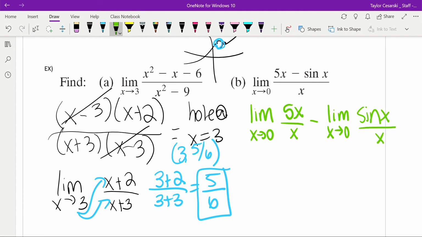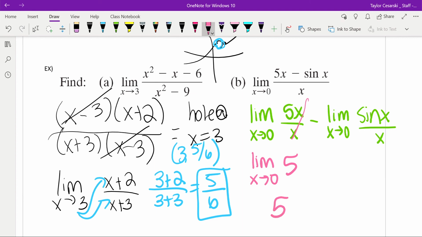This guy right here should look familiar from the very first page, if not the second page. Let's start with this one first. 5x over x is just the limit as x approaches 0 of 5, so that's a constant. That's 5.